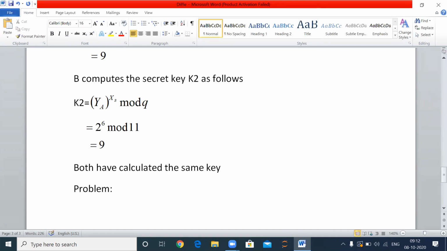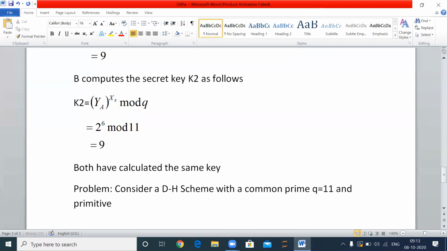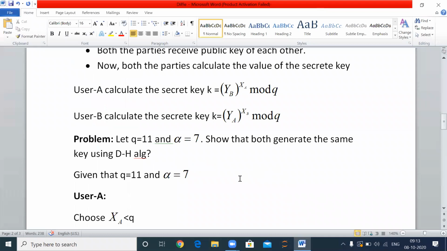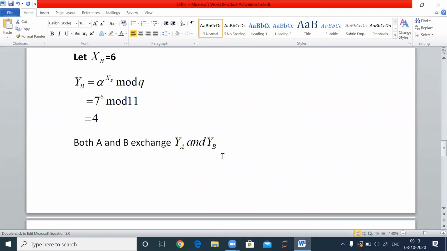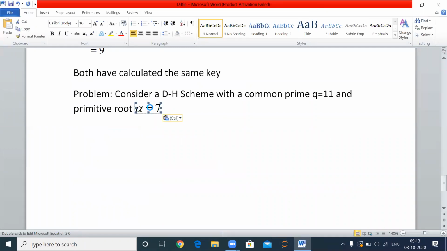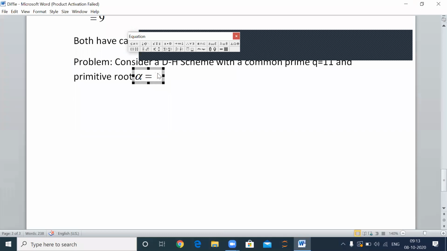Note down on pen and paper: consider a Diffie-Hellman key exchange scheme with a common prime q equal to 11 and primitive root alpha equal to 2.